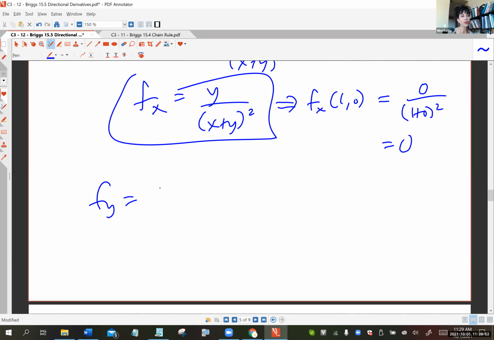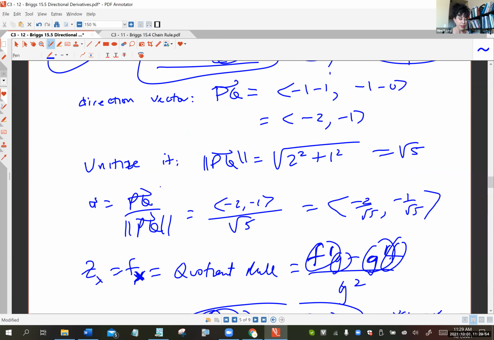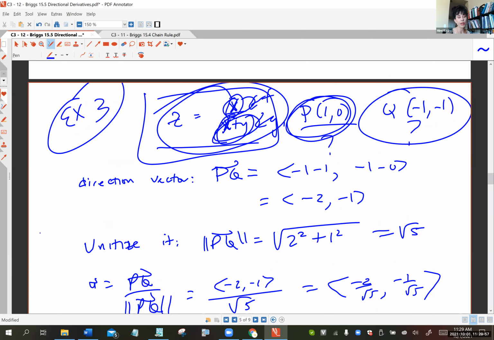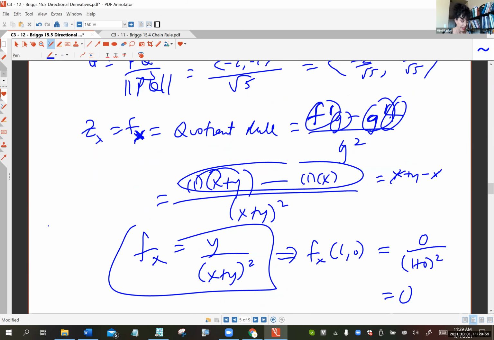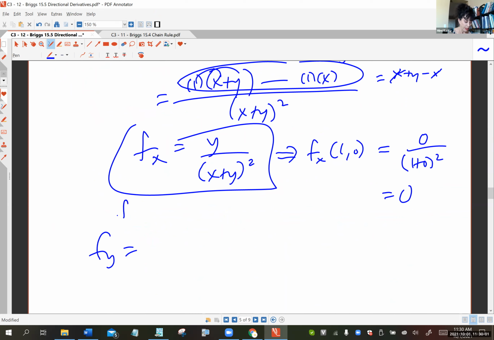Okay, now let's go get fy. Now you could use the quotient rule because the function is still a quotient, but I'm going to rewrite the function as a product. I'm going to do a rewrite because I don't have to use the quotient rule because the x in the numerator is really just a constant when I'm differentiating with respect to y. So I rewrite it as x times x plus y to the -1. And then when I take this derivative of x plus y to the -1, x is a constant multiple, copy it down.